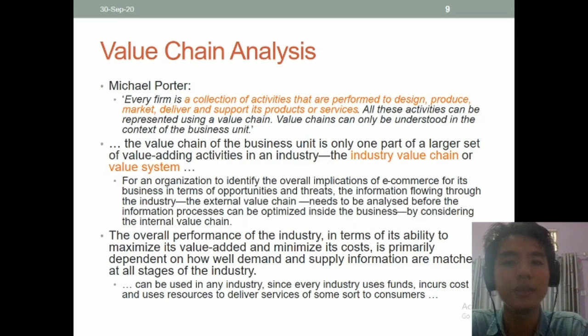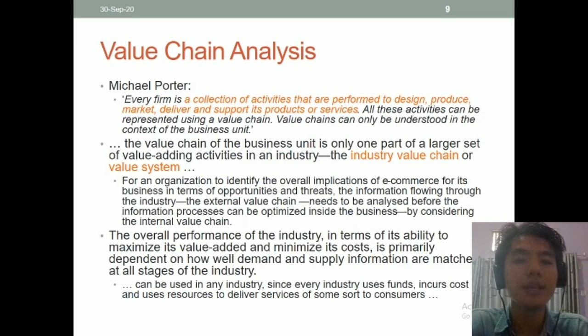All these activities can be represented using a value chain. Value chains can only be understood in the context of the business unit. The value chain of the business unit is only one part of the larger set of value-adding activities in an industry, the industry value chain or value system.